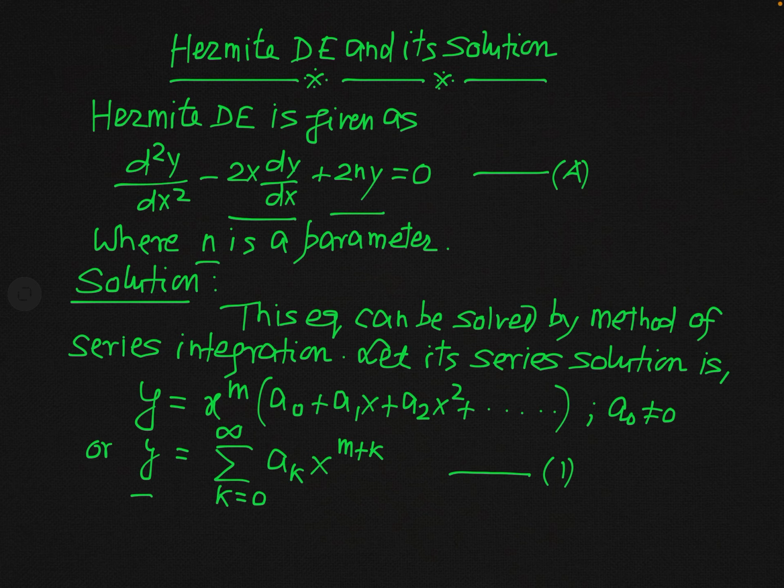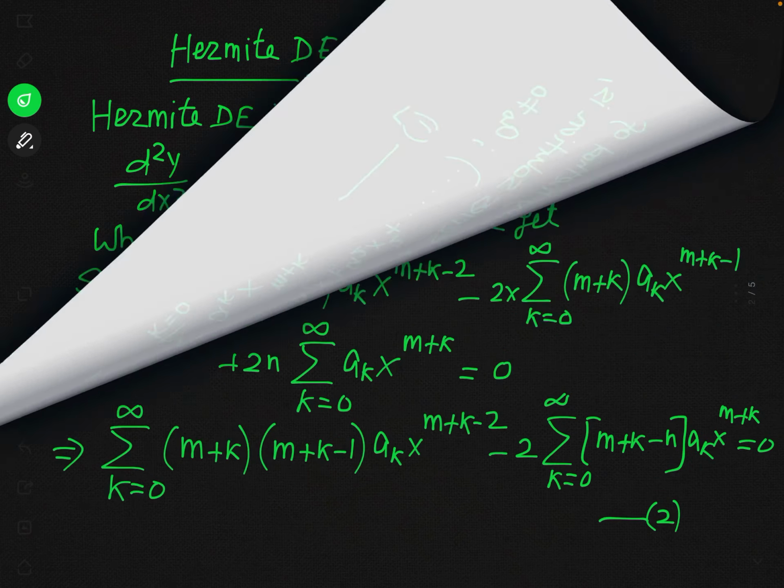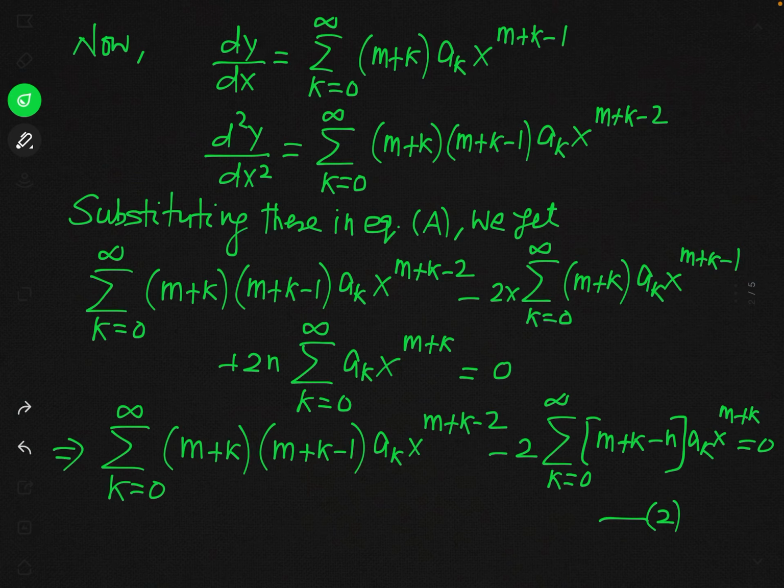Now we will find the derivatives dy/dx and d2y/dx² from this equation 1, and then we will substitute those values in the Hermite differential equation which is defined in A. So now let us find these derivatives. You know this dy/dx will be what?